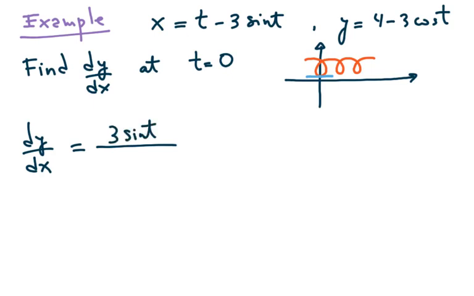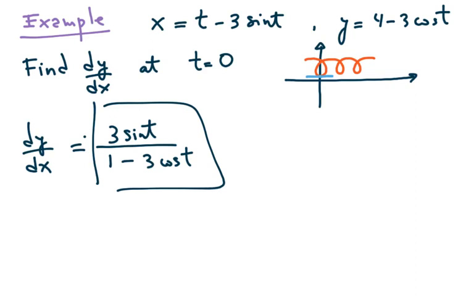And the derivative of x is going to be the derivative of this, which is going to be 1, right? The derivative of t is 1, minus the derivative here, that is going to be 3 cosine t. So this is the derivative that we were looking for.